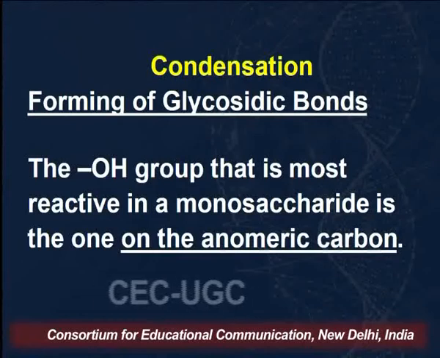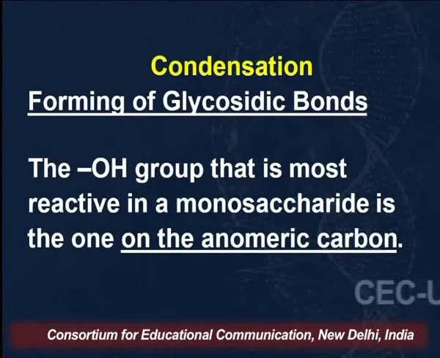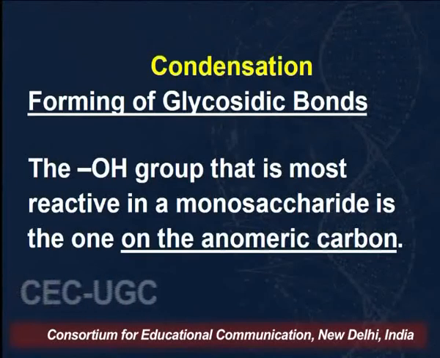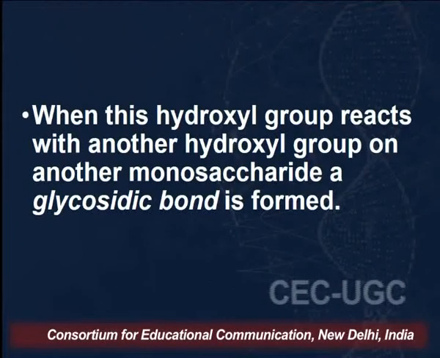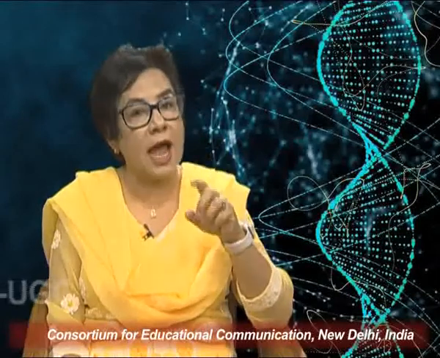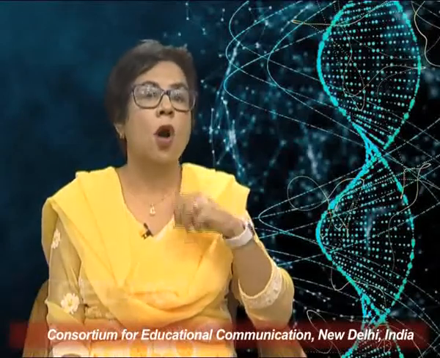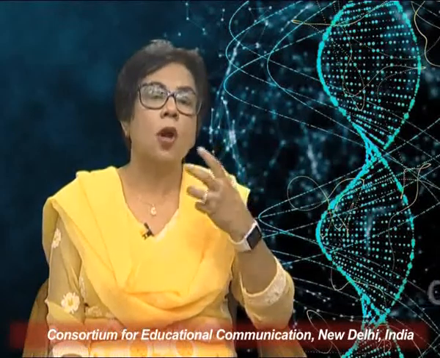You have to remember, of the first unit, the OH group that is attached to an anomeric carbon will take part in bond formation, because that is the OH which is most reactive. And now this hydroxyl group will react with another hydroxyl group on another monosaccharide unit, resulting in a glycosidic bond or a disaccharide.